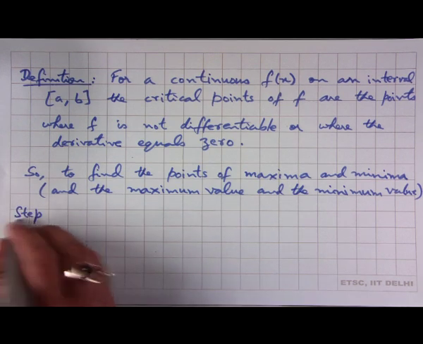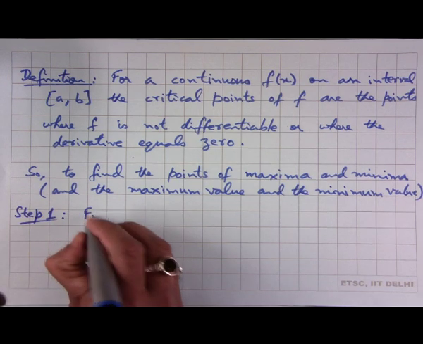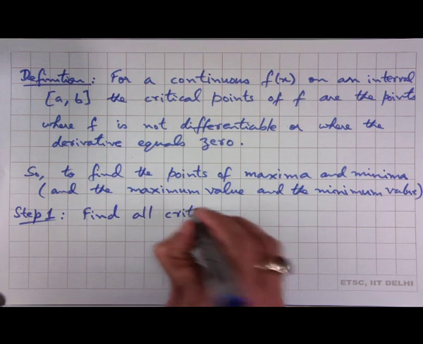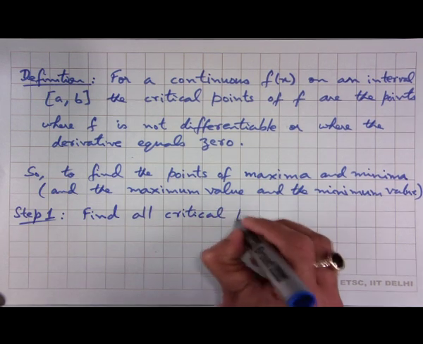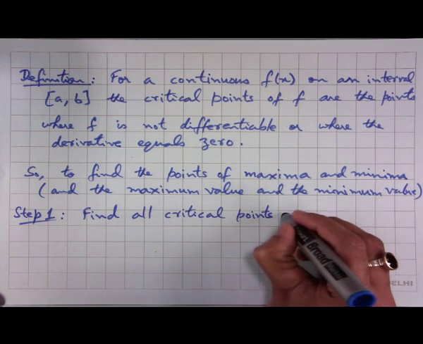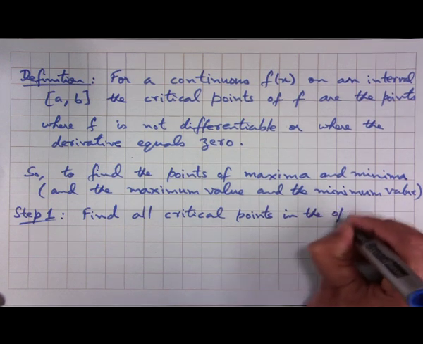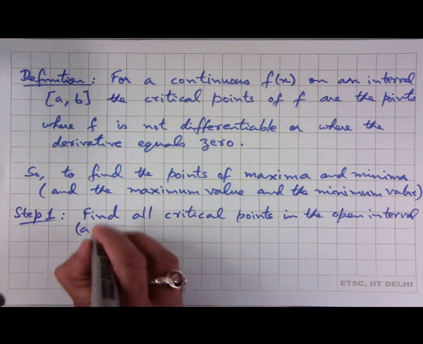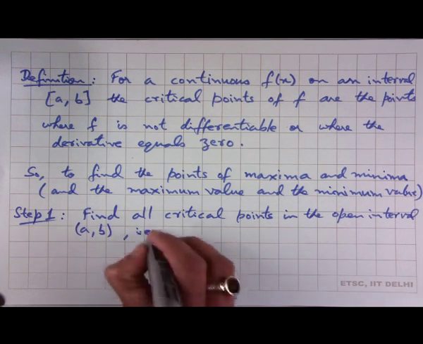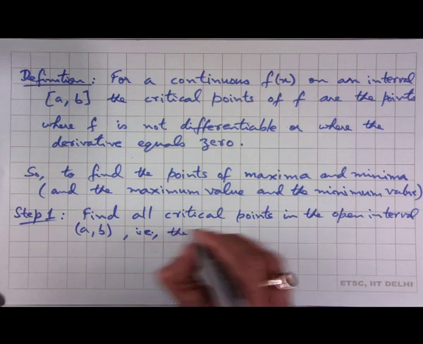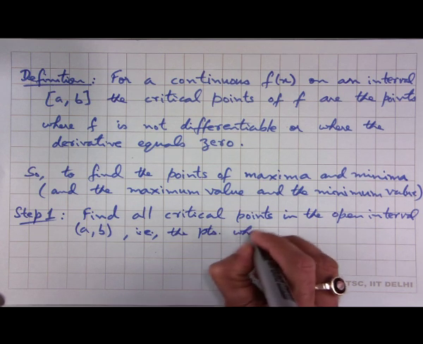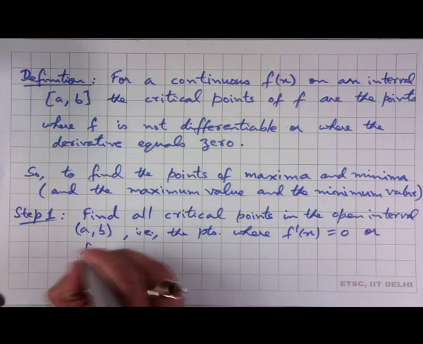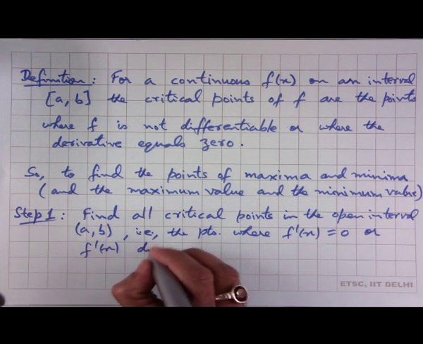Step 1, find all critical points in the open interval a b, that is the points where f prime x is equal to 0 or f prime x does not exist.